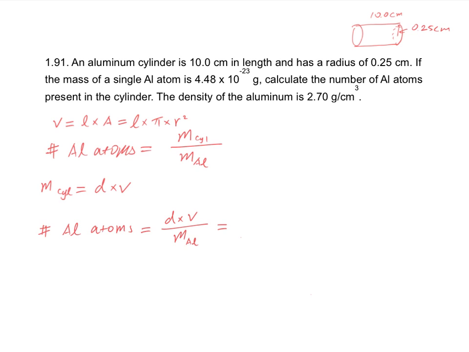First, we need to plug the volume in here. So let's finish this. Density times the volume is actually density times length times pi times r squared, divided by the mass of a single aluminum atom.